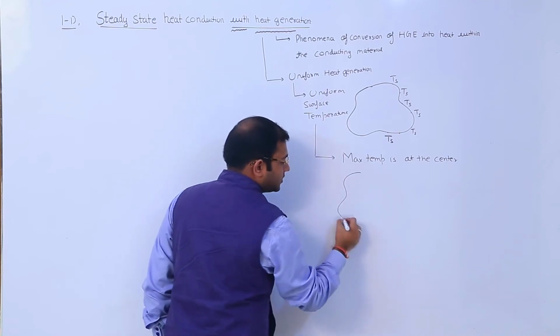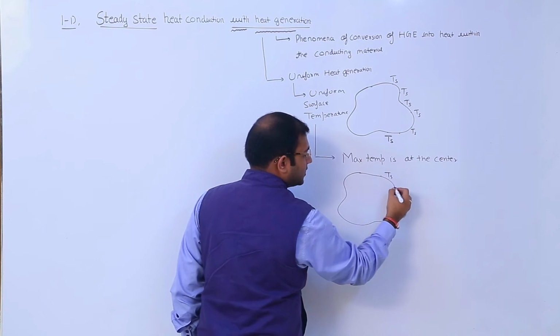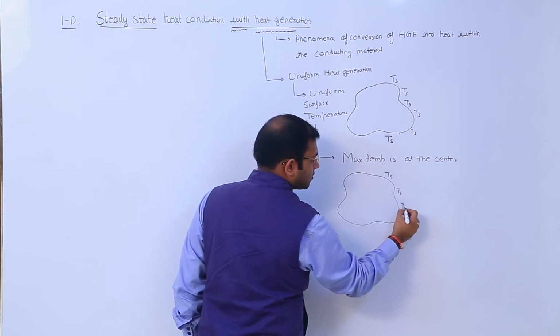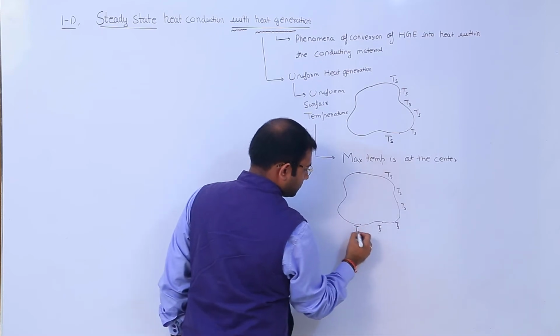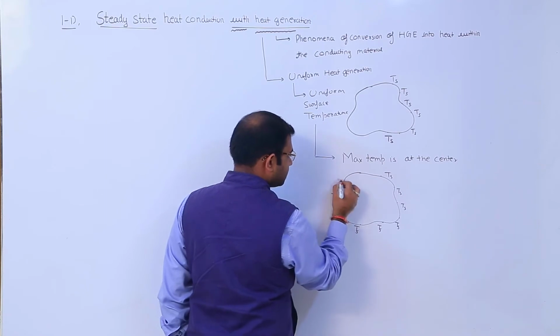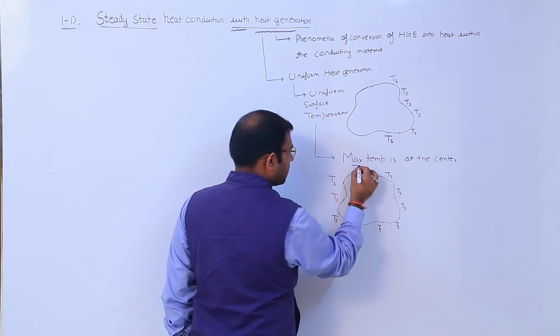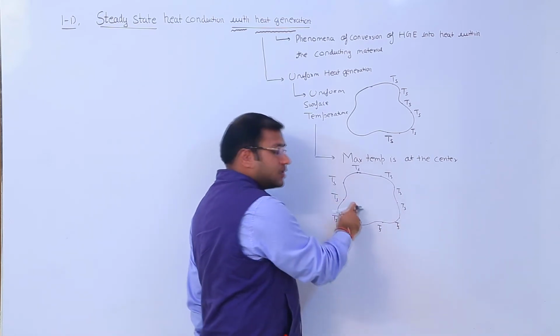See, suppose this is a body. Now, everywhere the temperature is Ts. The surface temperature is constant. And some heat is being generated within the system.